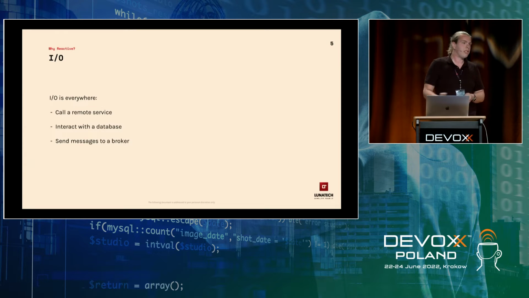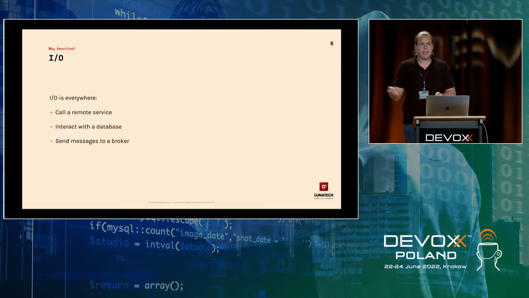Or of course, send a message to a broker or a queue. That may take some time as well. Most of the time it's fire and forget, that goes a lot quicker. But most of the time you spend a lot of costly time waiting for some other thing to happen. And if you want to serve more requests at the same time, you don't have enough resources to handle all those requests. So we can do that a bit more efficiently.